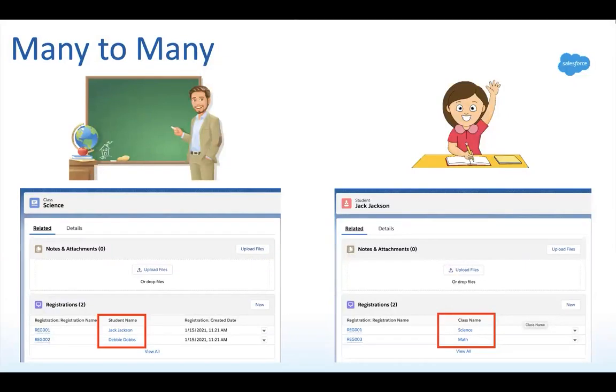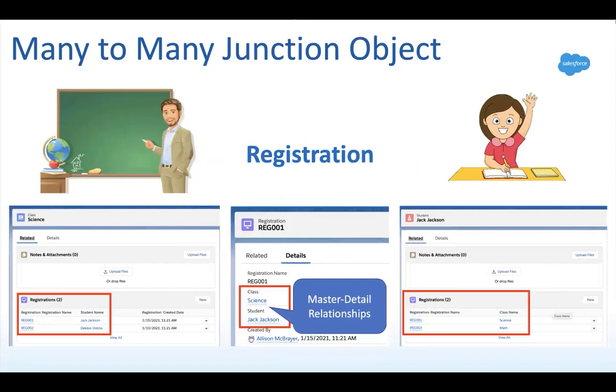So now I want to dive deeper into this many-to-many relationship where I have a related list on both sides. The only way to make this happen is something called a junction object. Because class and student are both master records, I need a child record to link these two together.